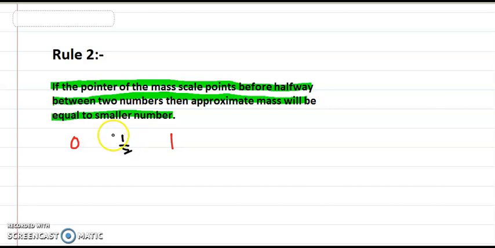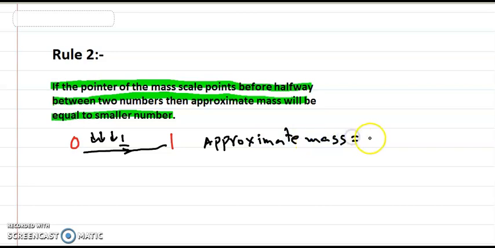So let's suppose the pointer is somewhere before 1 over 2, anywhere before 1 over 2. So the approximate mass will be equal to 0 kg.